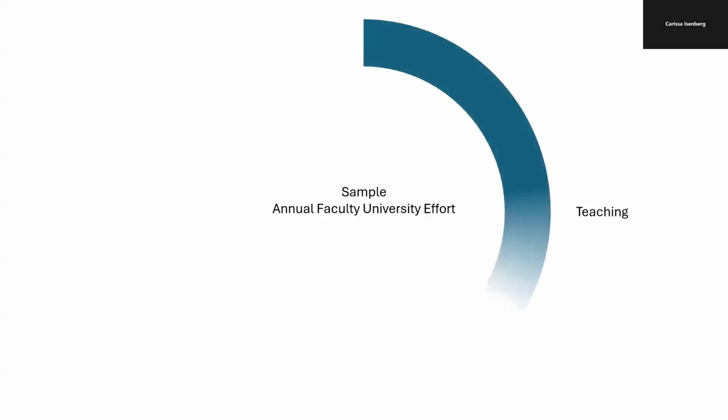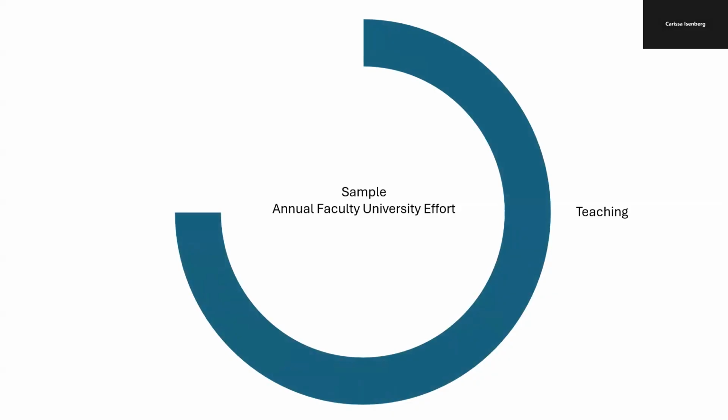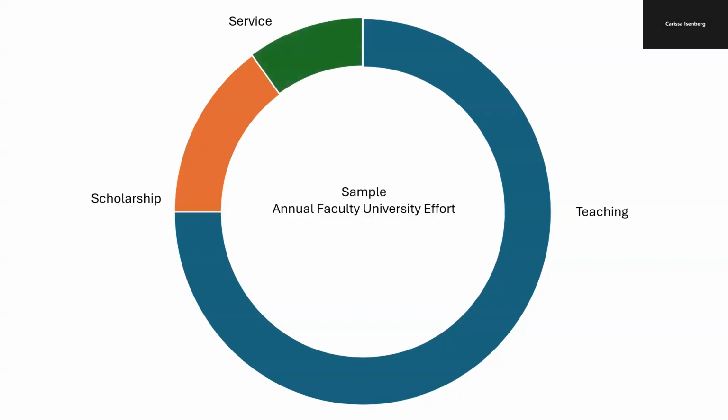For a sample, I am going to consider faculty university effort. Typically, a full teaching load is 75% of a faculty member's effort in a year. They may spend 15% of the remainder of time on scholarship and that last 10% on service. This is not necessarily saying it is the same for everyone.